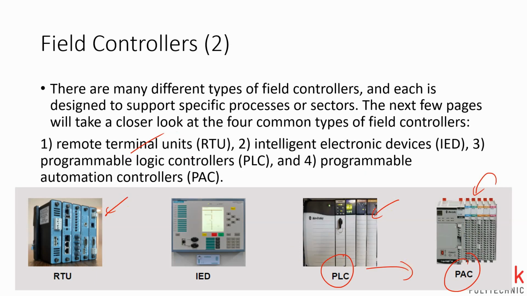That's the fanciful part. The really different one among all these four is the IED, because it can handle a lot more voltage, a lot higher voltage. It's used in an electrical plant.